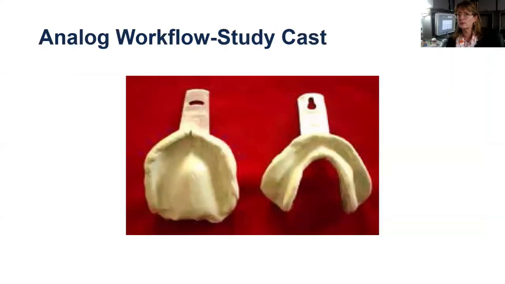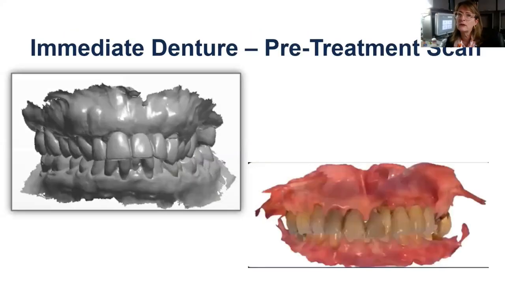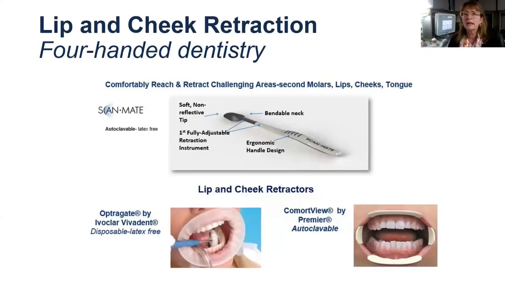So we all know what this is, right? Alternate impressions for cast models, immediate denture, right? Some pre-treatment scans, one in black and white, one in color. You want to make sure that you're capturing all of your anatomical landmarks. Lip and cheek retraction is really important, and there's many different items out there on the market right now.